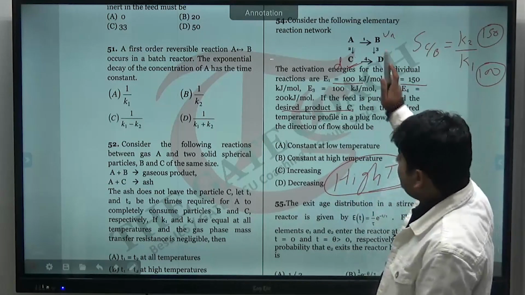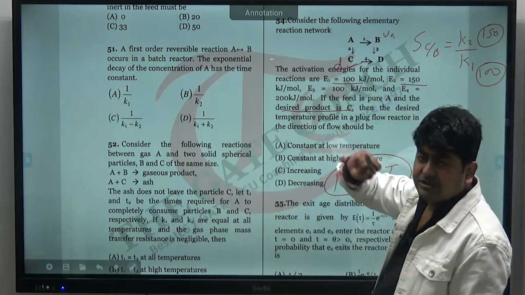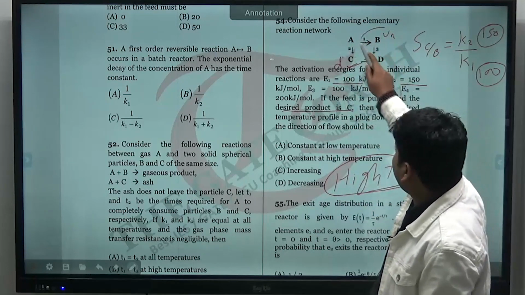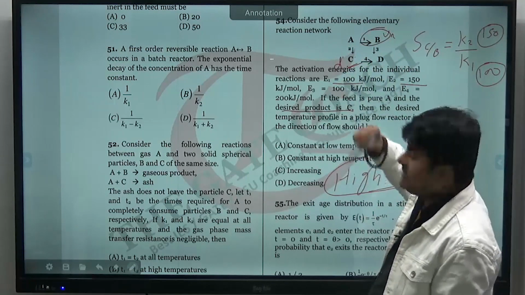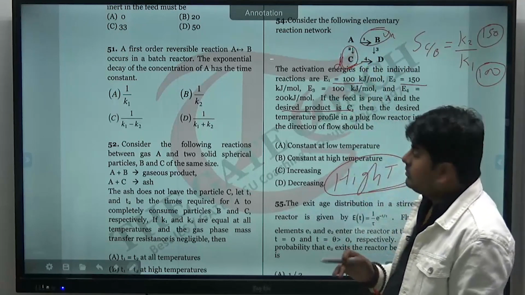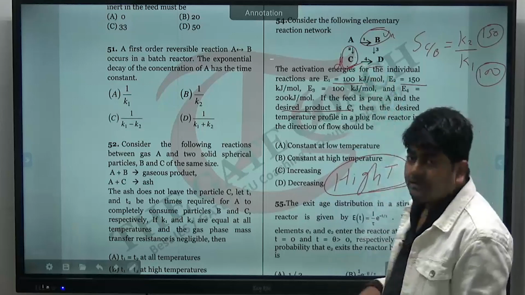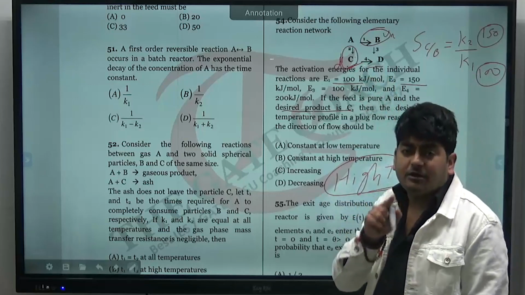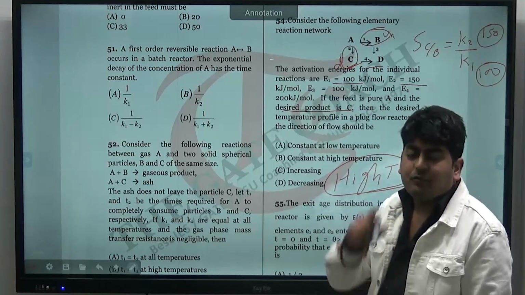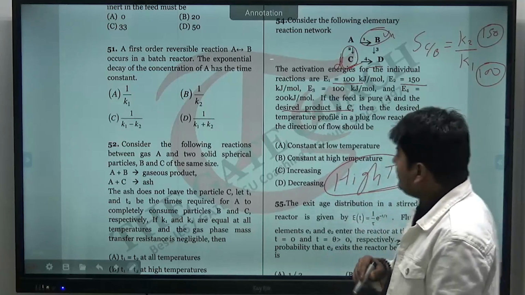Okay, now one thing I have made sure that in the start of the reaction I will have less formation of B, but I will have large formation of C. Okay, now C is also getting disappeared. So I have to take care of that step as well, because I don't want the disappearance of C, I want the formation of C only.